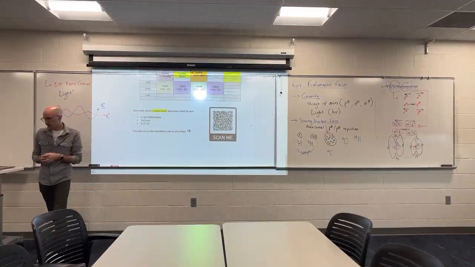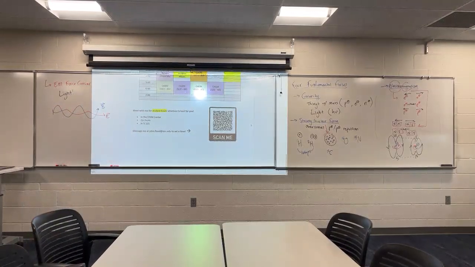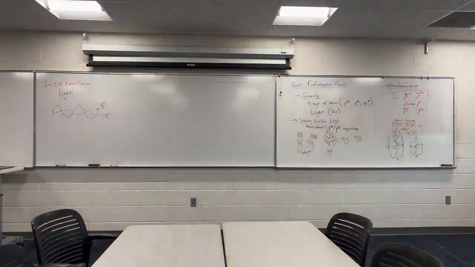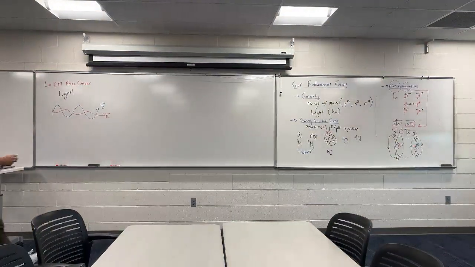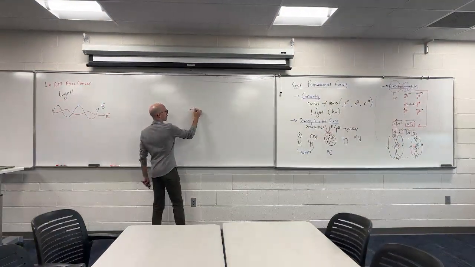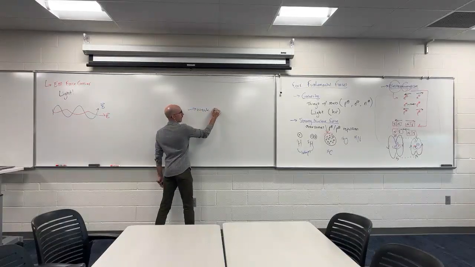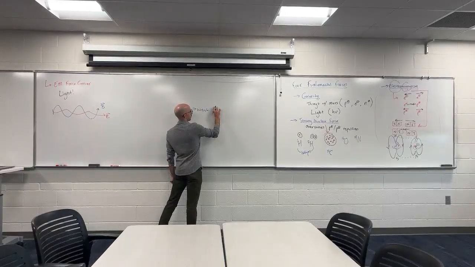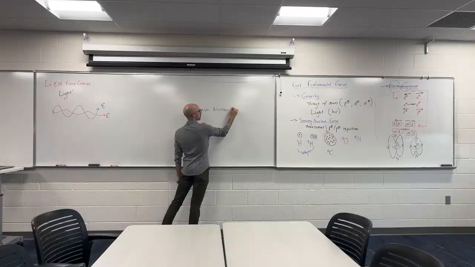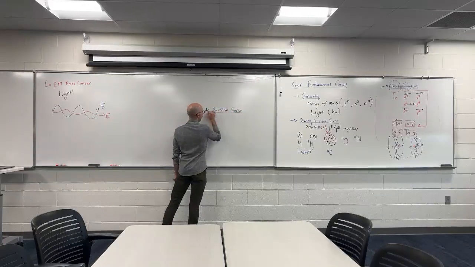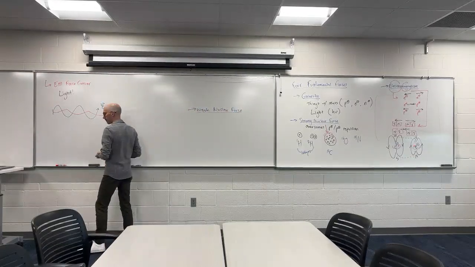All right, I told you there was one last one. I ran out of space. The last force is called the weak nuclear force, and this, I think, is kind of the hardest to understand. But I'll show you where the weak nuclear force comes into play.